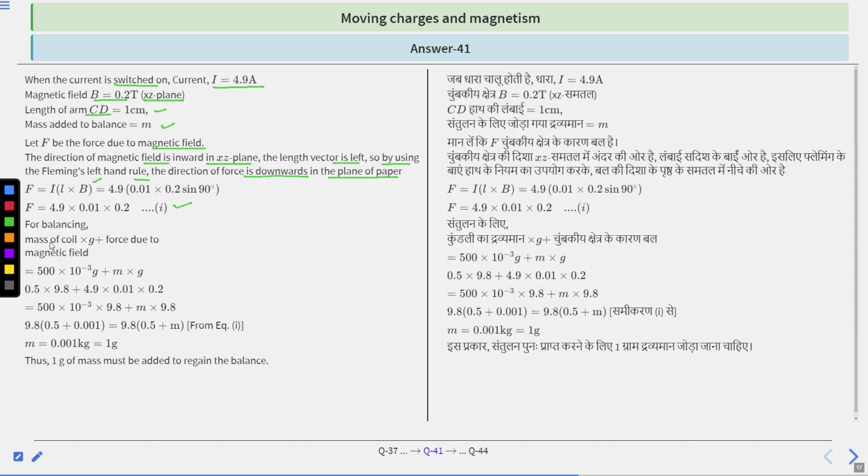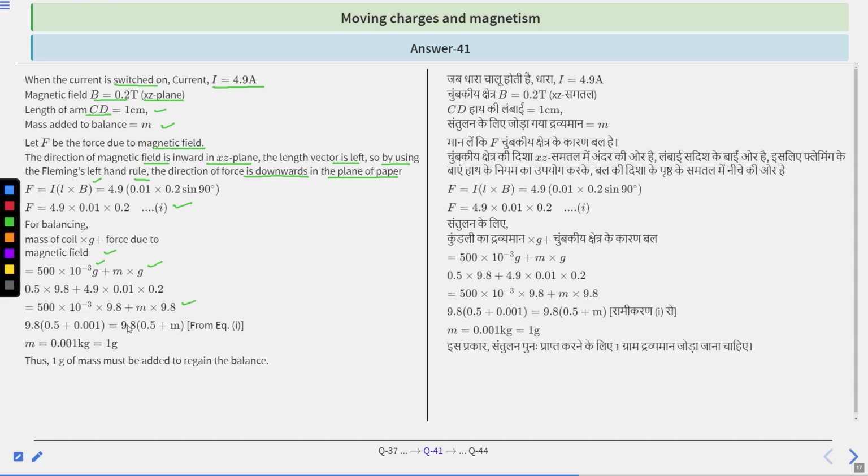And for balancing, mass of coil into g plus force due to the magnetic field equals the balancing weight. Putting all the given terms, you get 0.5 into 9.8 plus 4.9 into 0.01 into 0.2, which is equal to 500 into 10 raised to the power minus 3 into 9.8 plus m multiplied by 9.8.